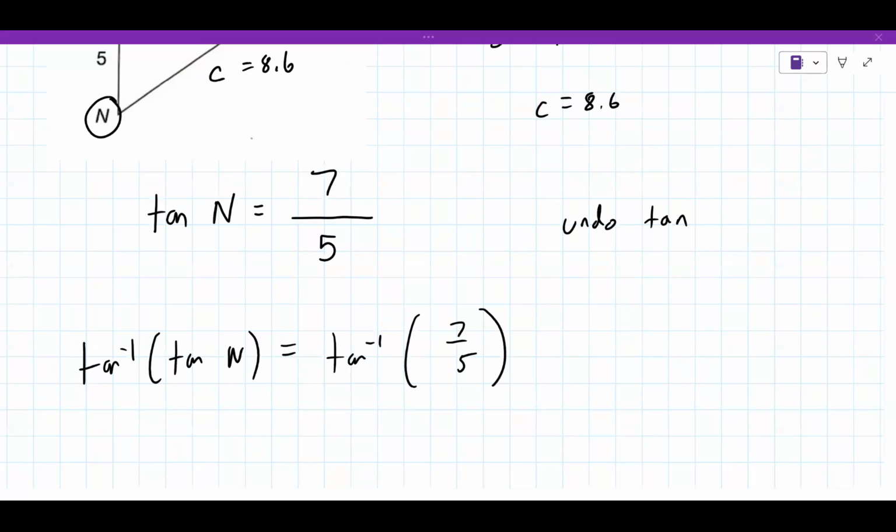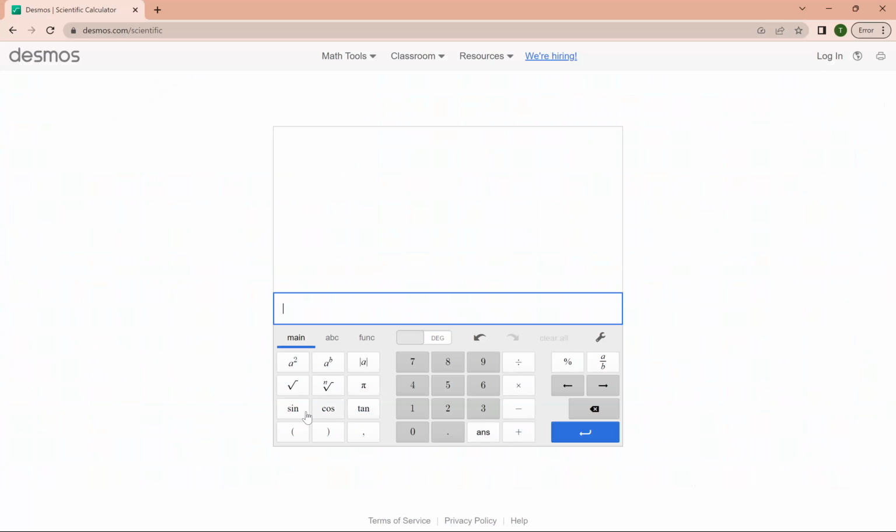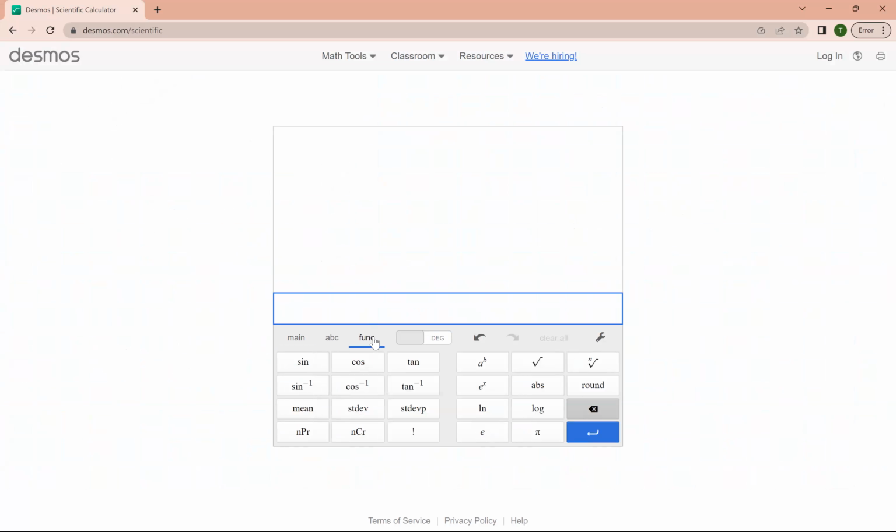Okay, so the way this calculator works is there's sine, cosine, and tangent right here. See if you're seeing that. You are seeing that, but you don't want those. You actually want tan inverse, and so you have to go to func for function. And you can see it's right there, sine, cosine, and tan inverse, okay? And then if I put in 7 divided by 5, you get 54.5.